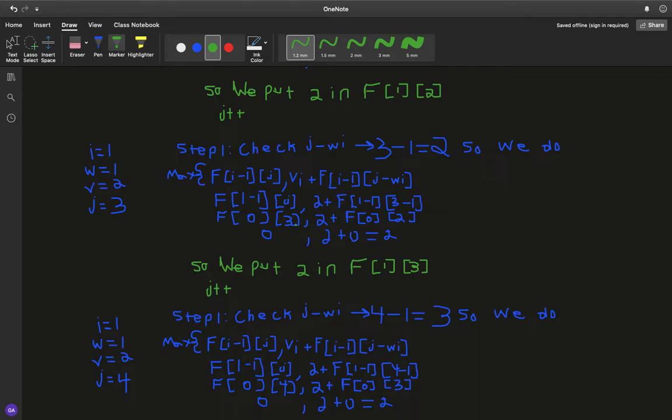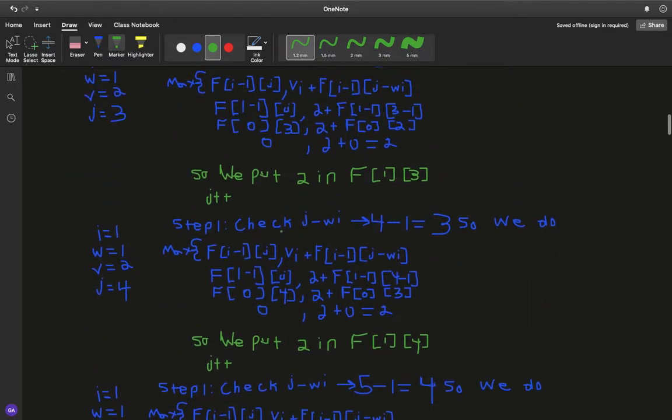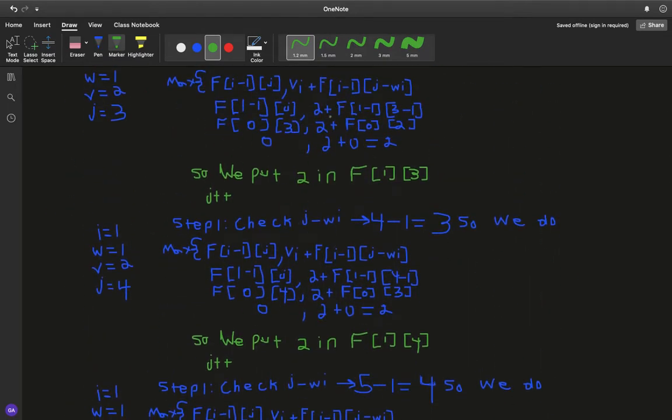Here, f sub 0 of 3 is 0. If we check, we drag 2 all the way down. f sub 1 minus 1 is 0, and 3 minus 1 is 2. Since f sub I minus 1 does not change, it's always going to be f sub 0 for both of them, so we're basically just working with zeros. So this 2 will always be 2 plus 0.